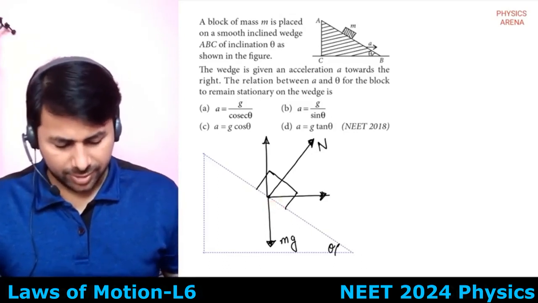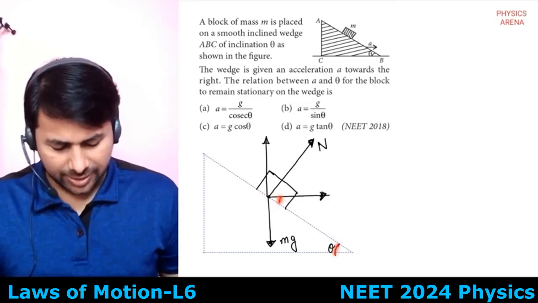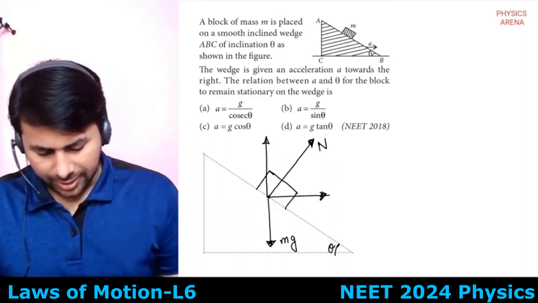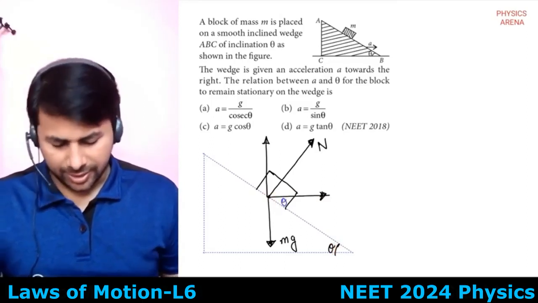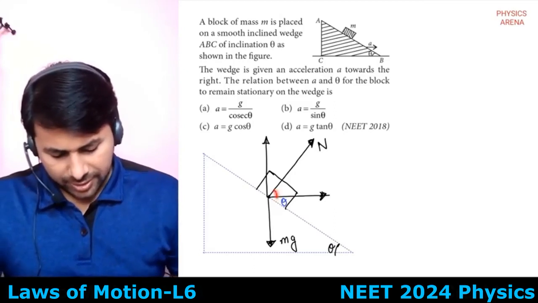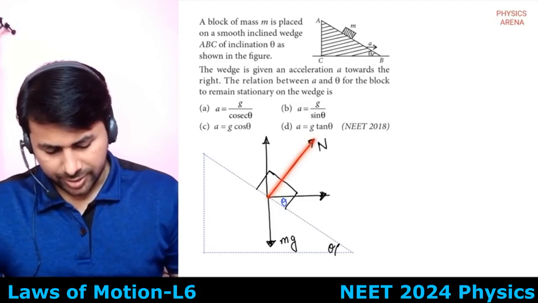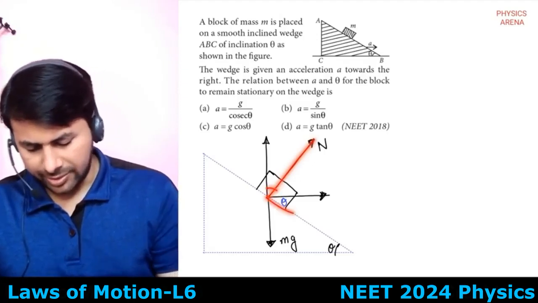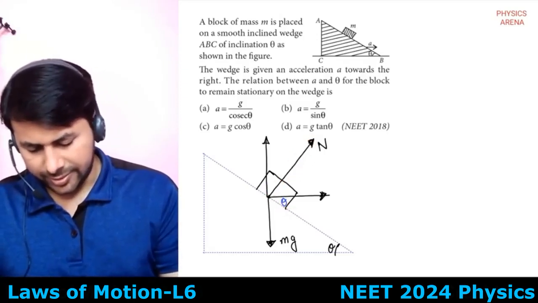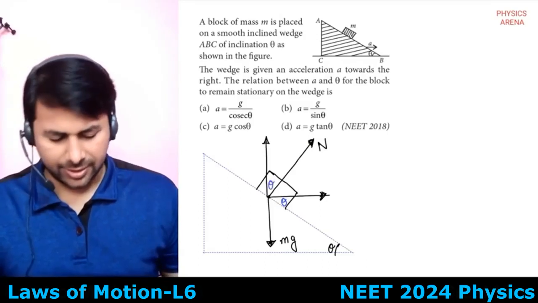This one is theta. Or we can just say these are alternate angles, so this angle will also be equal to theta, and then this angle is 90 minus theta, because the total is 90 degrees. So this angle is theta.